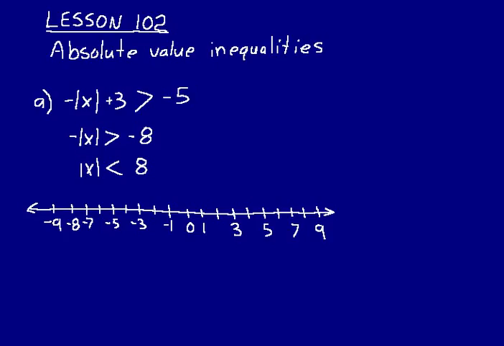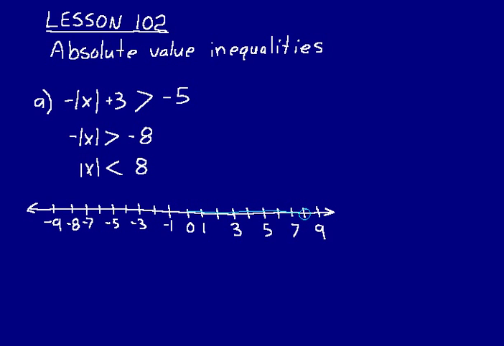Well, a +8, if we started there, we would put an open circle there because we don't include 8. We're saying less than 8. And so a 7, that would work, a 6, a 5, a 4. So we can just start heading this way. And then think about -1. The absolute value of -1 is a 1, and so that's less than 8.